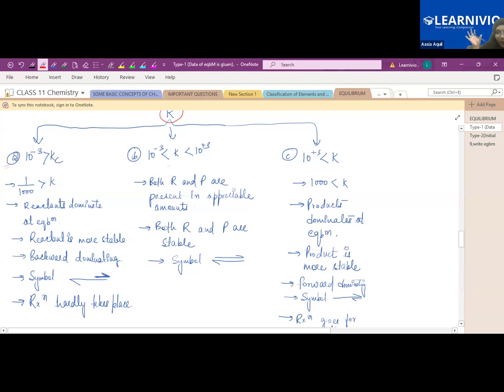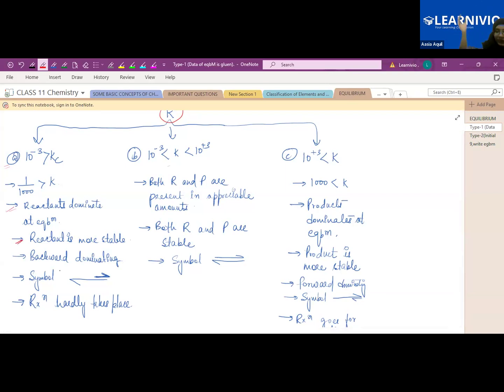When the reaction reaches equilibrium, the reactants always dominate at equilibrium. And at equilibrium, the reactant is more stable. If the reactant is more stable and dominates at equilibrium, the reaction proceeds in a backward direction, not in a forward direction.